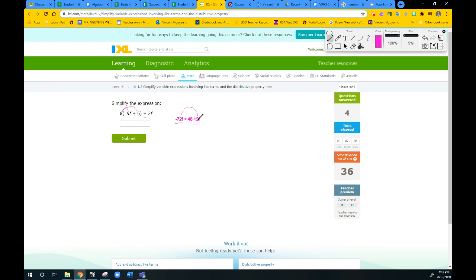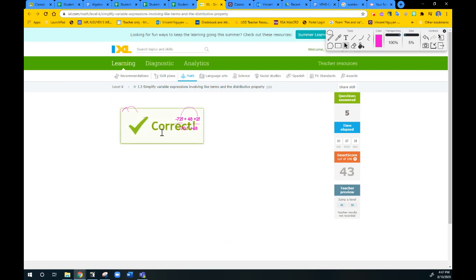So negative 72 and a positive 2 will give me negative 70F, okay? And then plus 48. I cannot combine them because they're not the same, so I'm going to enter that into my solution box. Okay, and then hit submit. Yay.